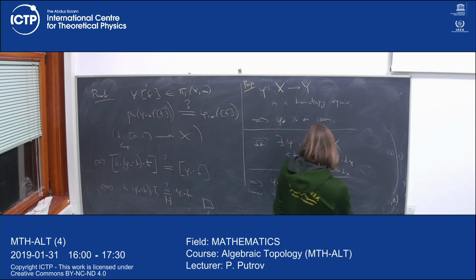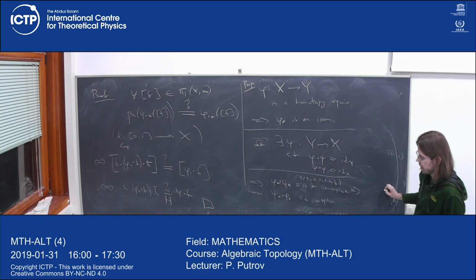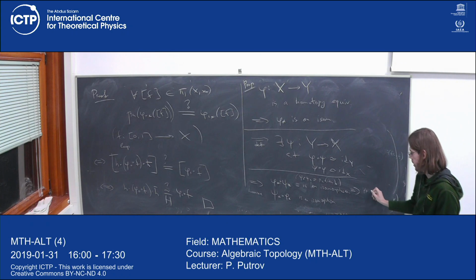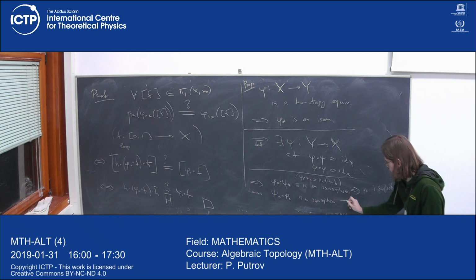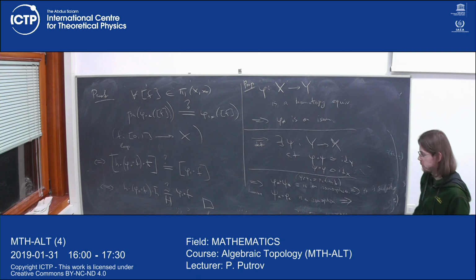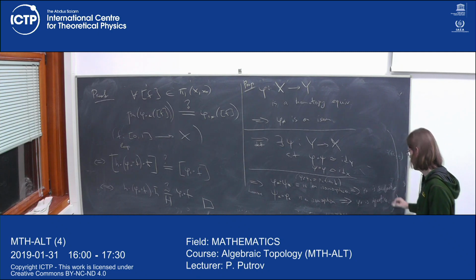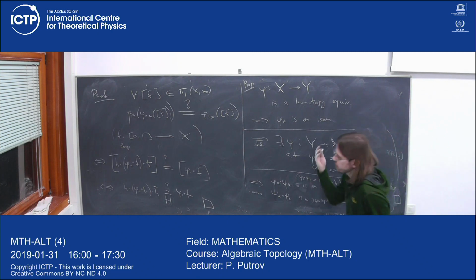From the first, it follows in particular that this composition of two homomorphisms is an isomorphism, so phi star is surjective. And from the fact that the composition in this order is an isomorphism, it follows that phi star is injective. And since it's both surjective and injective, this means that it's an isomorphism.